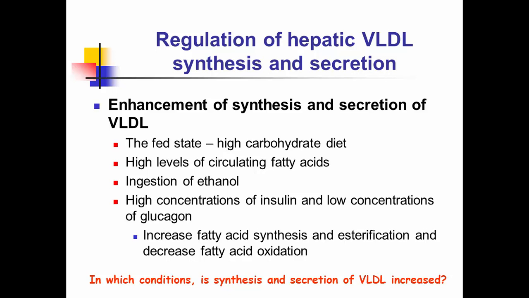When will our body have higher levels of fatty acids? Under fasting, right? And what about the disease conditions? Diabetic conditions, right? And also when we consume a high-fat diet. Under these three conditions, the circulating fatty acid level is higher, right?